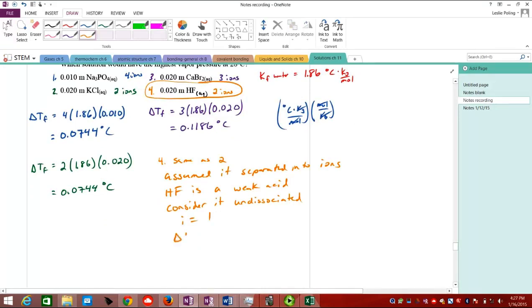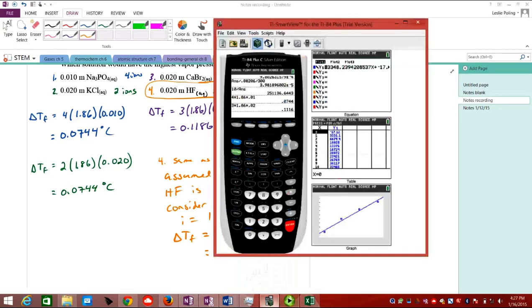So it actually would be even lower. 0.0372.